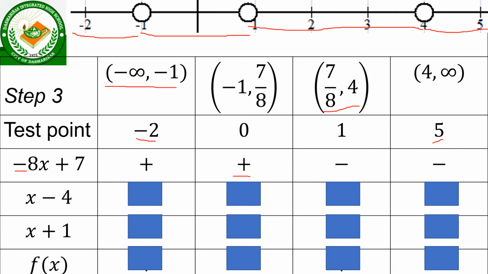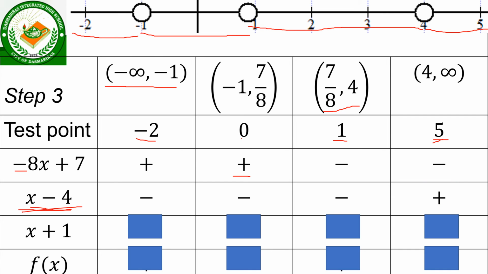Here we have negative 2 minus 4, negative 6, negative. 0 minus 4, negative 4, negative. 1 minus 4, negative 3, negative. 5 minus 4, 1, positive.